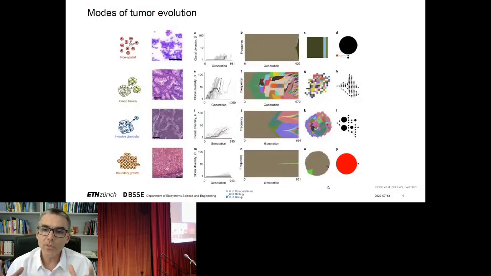Now, the way tumors evolve is very heterogeneous, and it depends on a lot of factors. Among others, it depends on the spatial structure for solid tumors, and of course the tissues they originate in. It also depends to a large extent on mutational processes and on the underlying fitness landscape, so on the selective advantages that different mutations or different combinations of mutations confer to such a tumor.